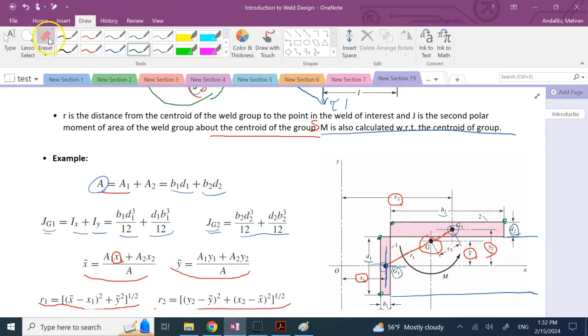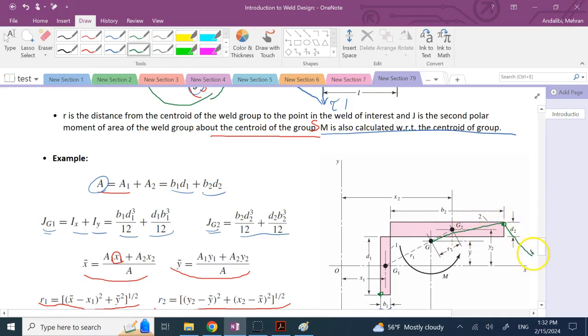So for instance, in this case, if I do a little bit of cleaning, if I want to know tau double prime here at this point, I have to connect it radially to G, and then in this case, it's going to be perpendicular to that. Okay, or if I want this corner, I connect it again this way, draw it with a line.